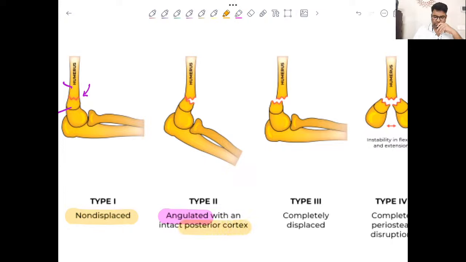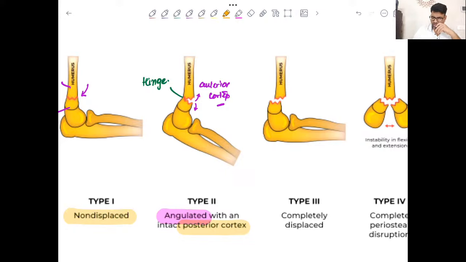So this is the hinge, or intact posterior cortex, and there is opening on the anterior cortex. So this is type 2.